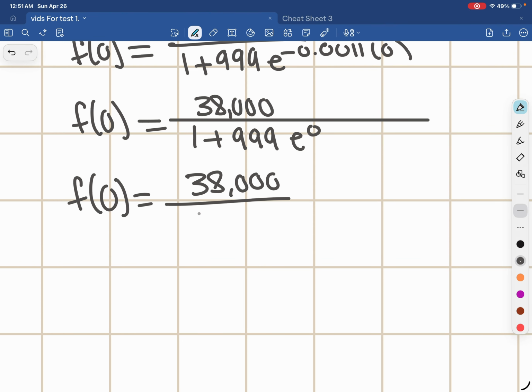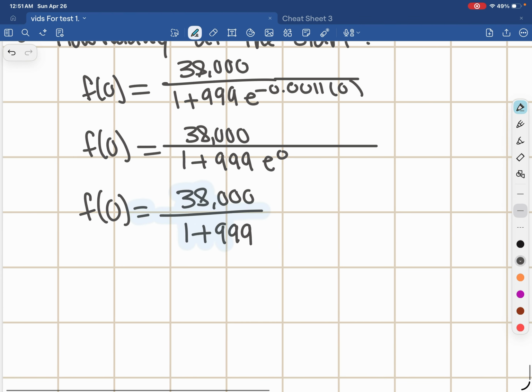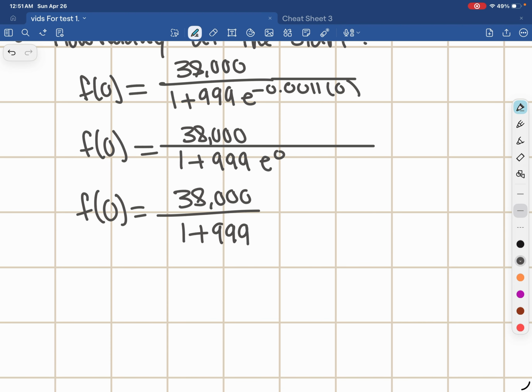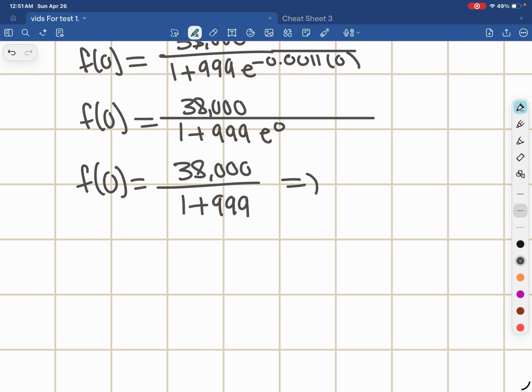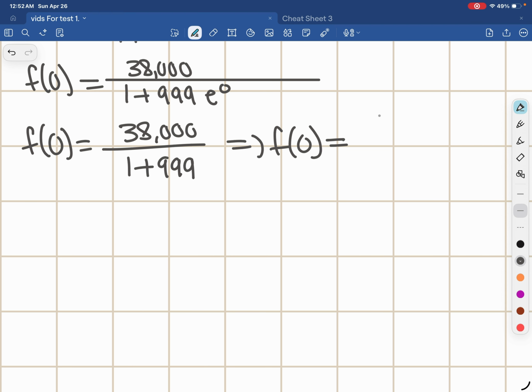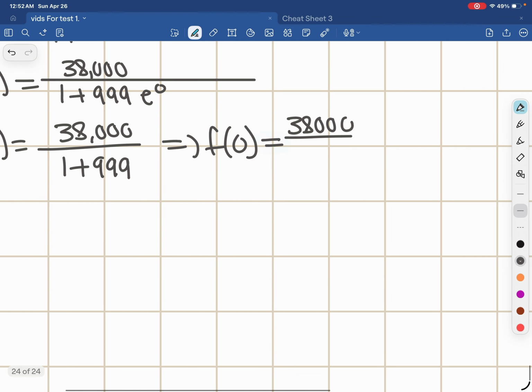So then we can rewrite this as 38,000 over 1 plus 999. We know that E to the 0 is 1, and that being multiplied by 999 is just going to be 999. So then we can simplify further as F of 0 is equal to 38,000 over 1,000.